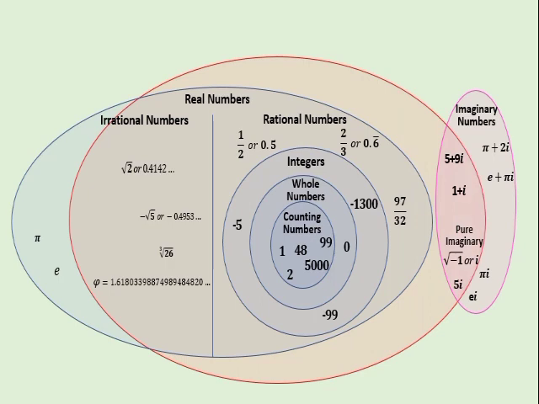Most numbers we use every day are algebraic numbers, but some are not, such as pi and Euler's number. Pi and Euler's number are examples of transcendental numbers.